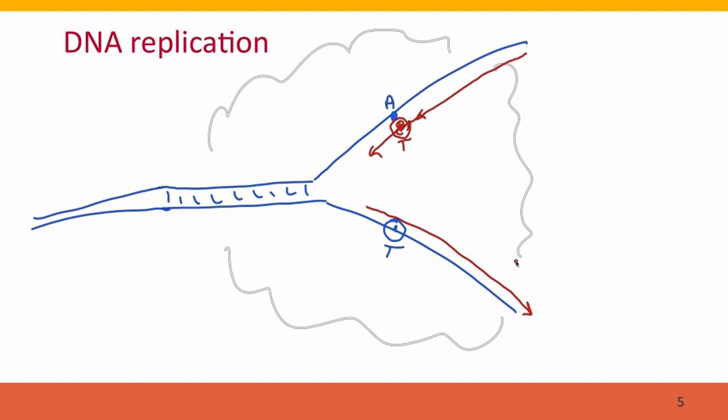So the consequences of this for the relationship between the new molecules, what we call the daughter molecules, the two double-stranded DNAs, and the original parent molecule, is that the genetic information in the two daughter molecules is identical.